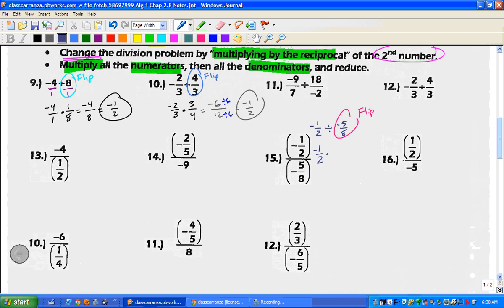So negative 1/2 times negative 8/5. We have a negative times a negative, which gives us a positive. 1 times 8 is 8. 2 times 5 is 10. You can divide the top and the bottom by 2, which reduces to 4/5.